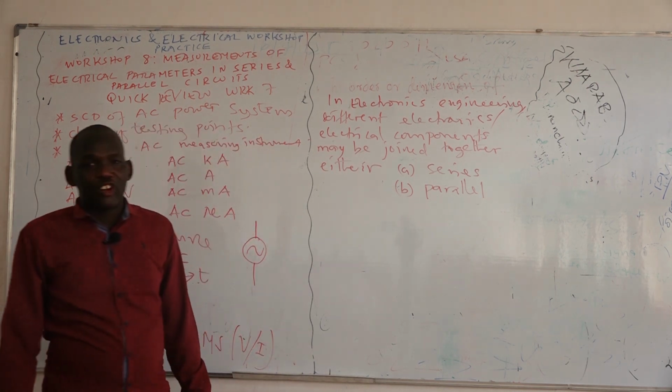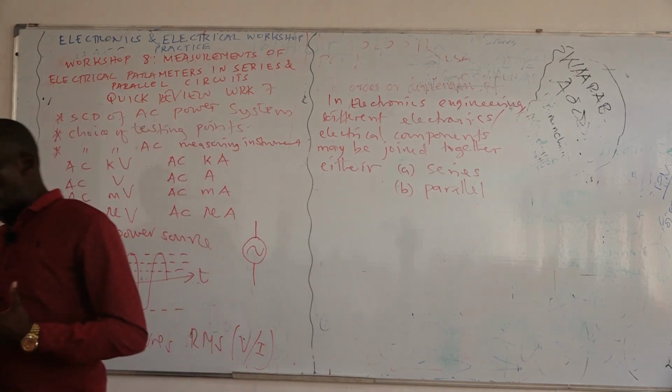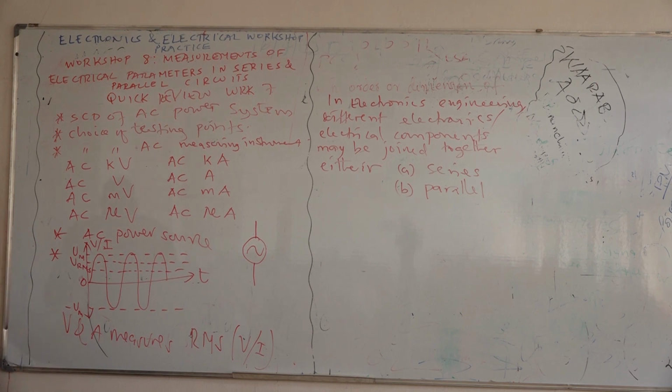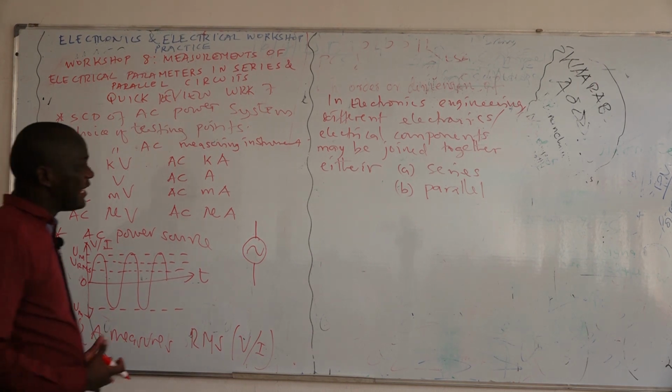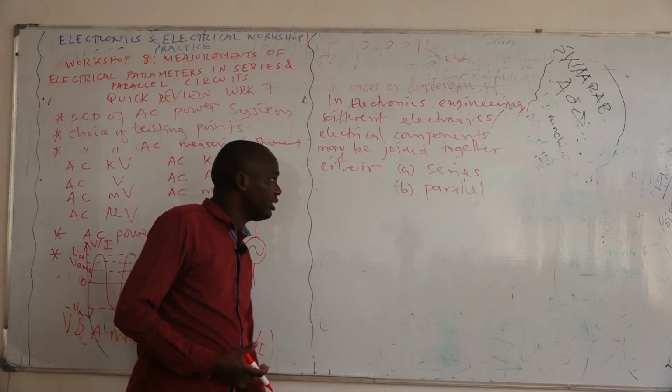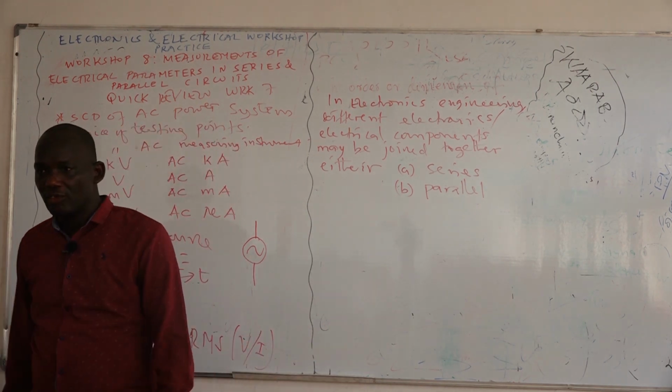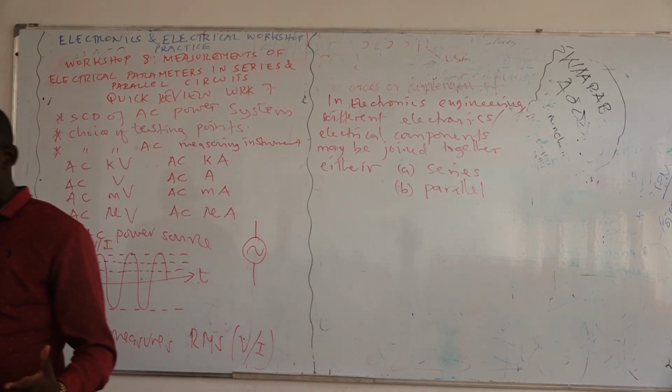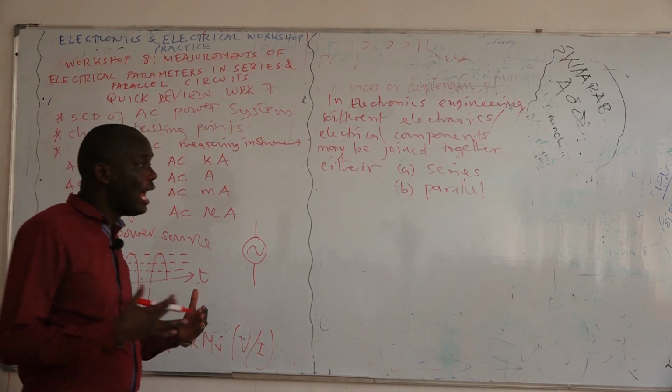So in electronics engineering we may connect two or more electronic or electrical components, either in series or in parallel, for a particular purpose. Right? For a particular purpose.